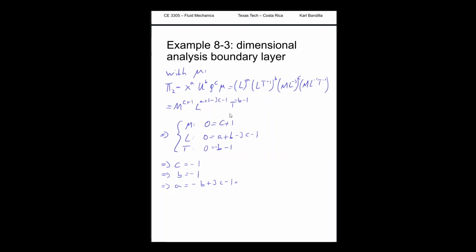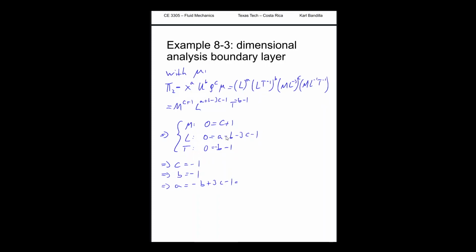Let me double check on my equation here. We have A for length, right? We have not plus B, we have minus B. That's where we're going wrong. It's my eraser. That should be a minus. So let's double check it. L, no, it was a plus. I'm starting to confuse myself here.